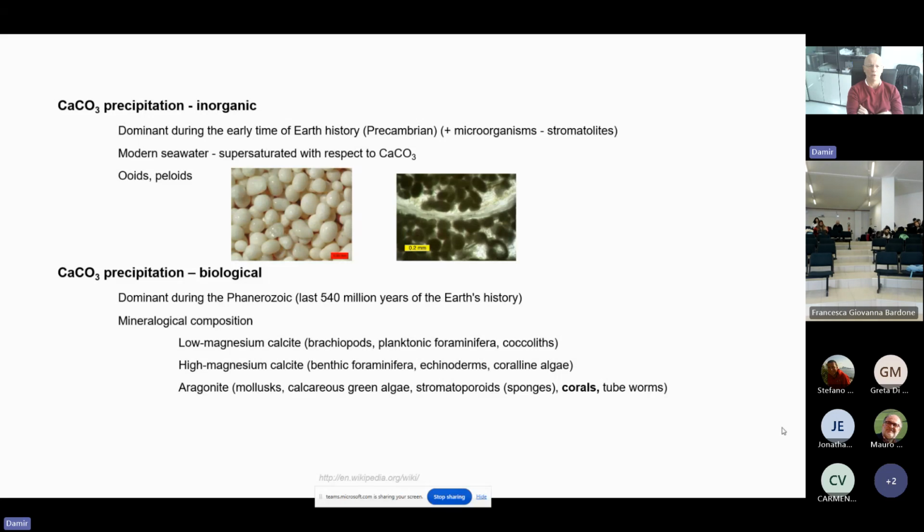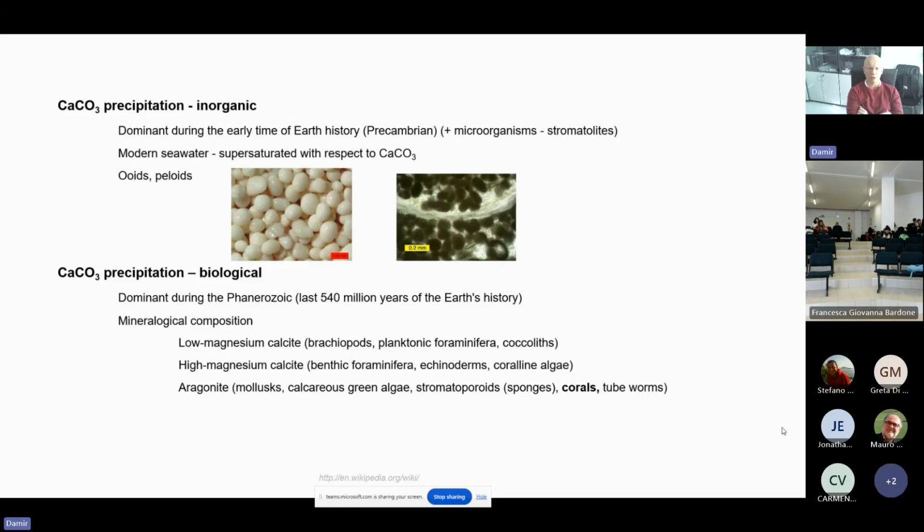Biological precipitation of calcium carbonate was dominant during the Phanerozoic, the last 540 million years of Earth history. The mineralogical composition of biologically precipitated calcium carbonate depends on the organisms.